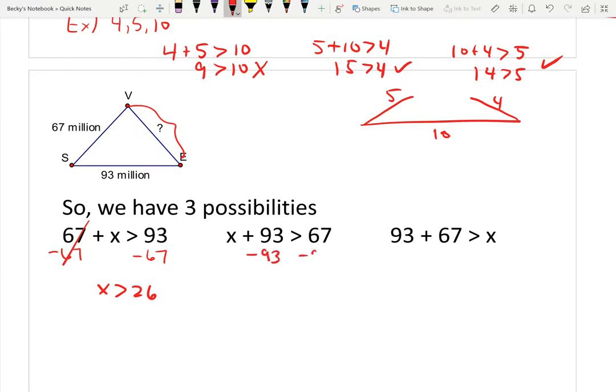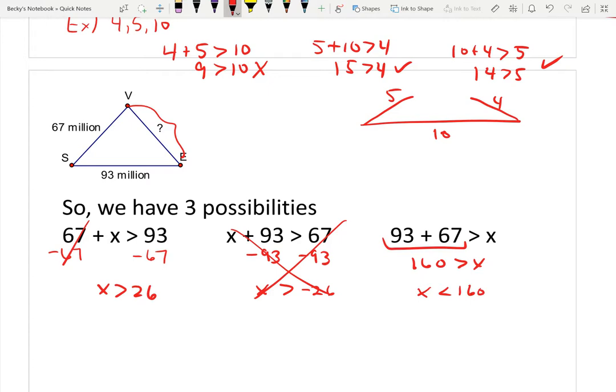Now, this one's kind of weird because you get a negative answer. So there's always going to be one answer that doesn't really work, and that's this one. Doesn't work. Now let's try this one. You're just going to add these two together, and I get 160. Now, not to confuse you, but do you guys understand that's the same thing if I flip my sign? x is less than 160.